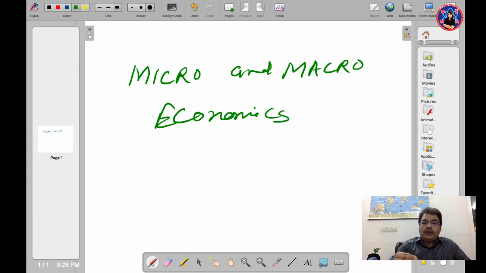Microeconomics is the study of the individual unit of the economy. For example, individual demand, individual supply, price of the commodity, profit maximization of the producer, satisfaction of the consumer, and this relates to microeconomics.